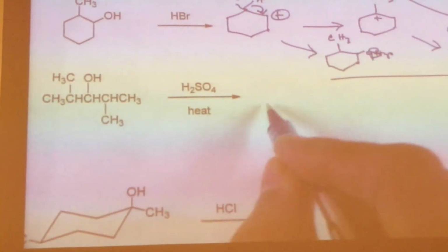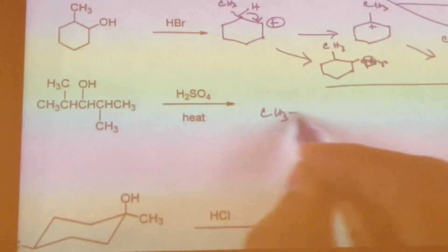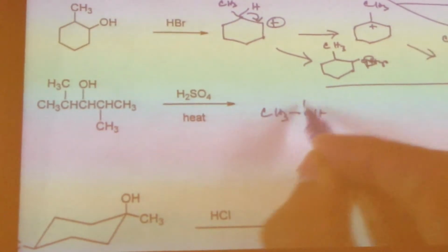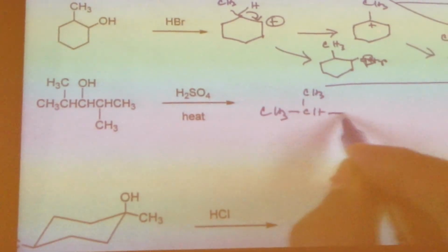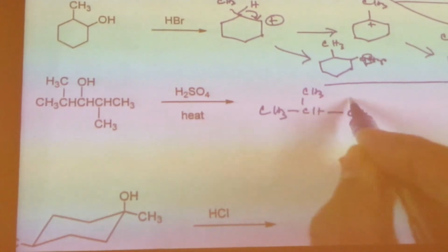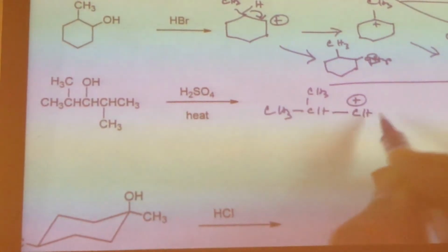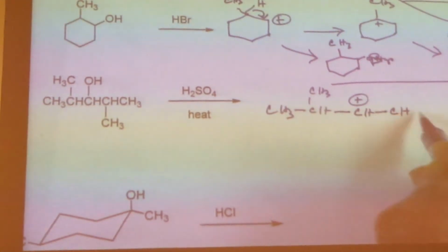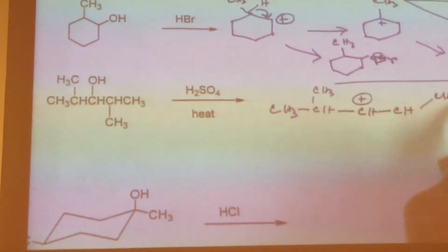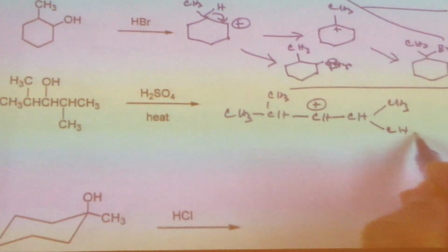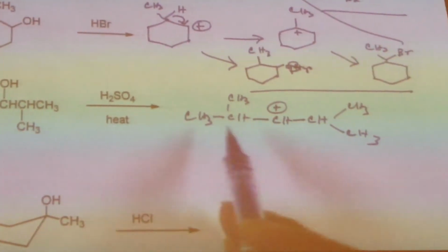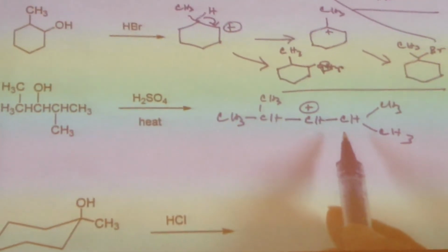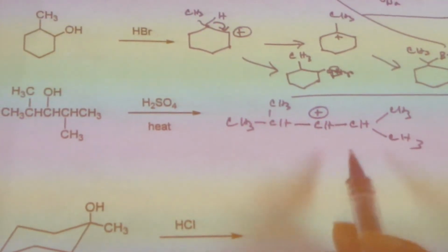Therefore, you generate the carbocation, and then these two are identical, therefore elimination of either one of those two protons would give you the same product.